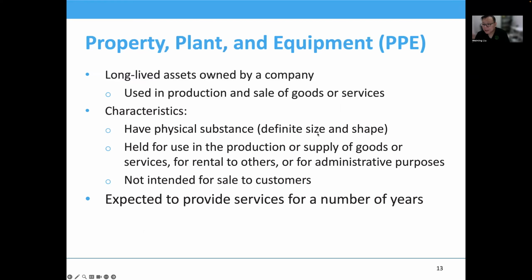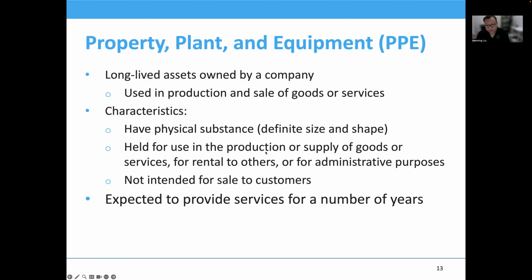So PPE has physical substance. You can describe it in terms of its size or shape. You use them for production or supply of goods or services, for rental to others, or for admin purposes.